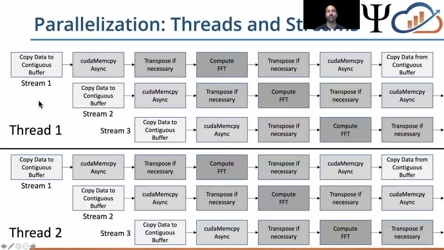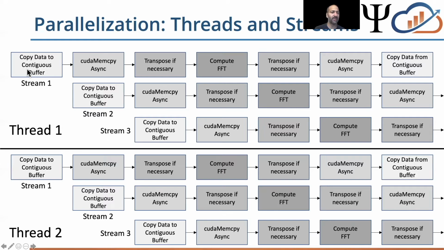We can also use streams so that when one thread is doing a copy of its data to a contiguous buffer to send to the GPU, the GPU can be doing other work at the same time. So this is what a stream would look like. First, we copy the data from the non-contiguous n-dimensional array into a contiguous buffer. We do a CUDA memcopy async to send it to the GPU, possibly transpose it, do an FFT, transpose it back, copy it back, and then copy the data back from the contiguous buffer into the n-dimensional array.